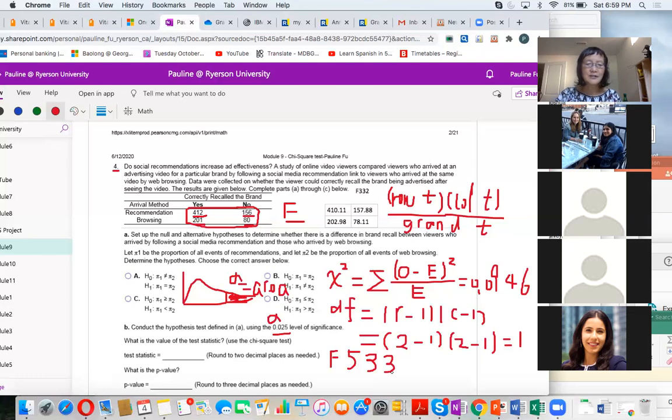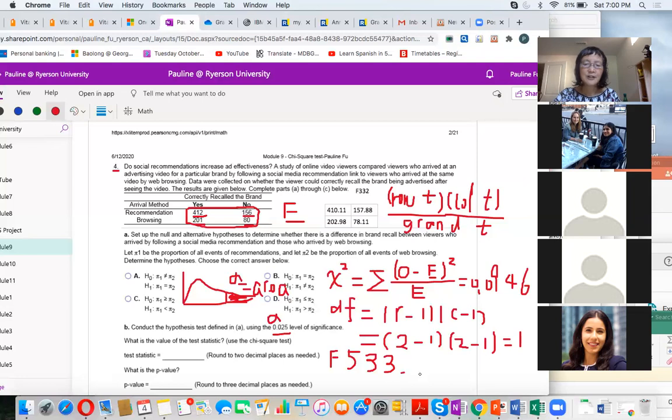Area, you type in 0.025, that is the area. Degree of freedom is 1. And then you press the EXE button, and you get 5.0239.